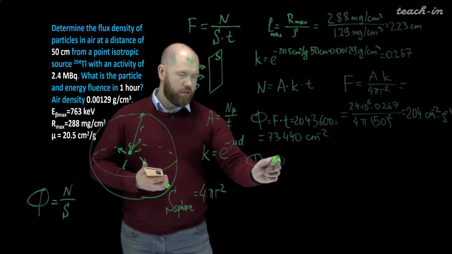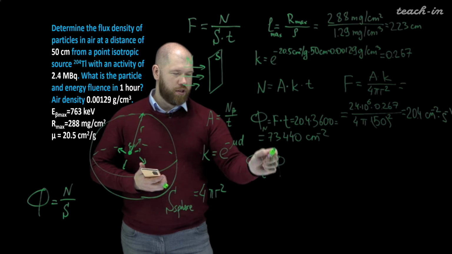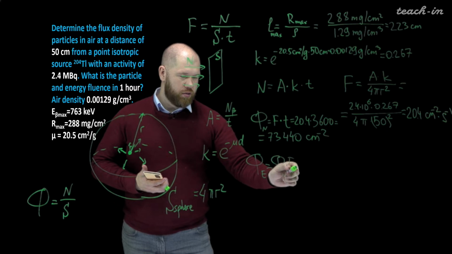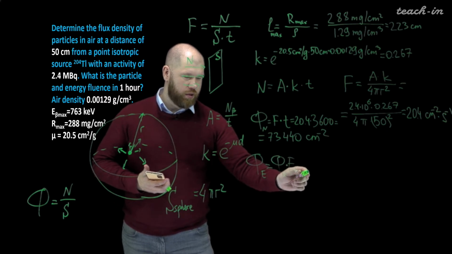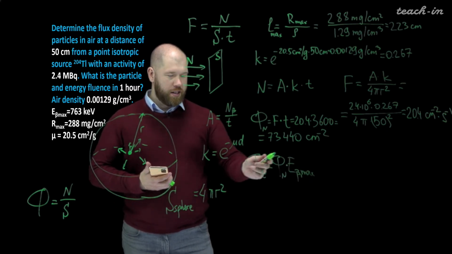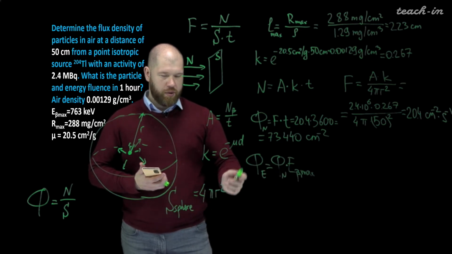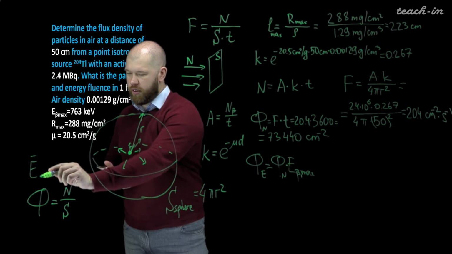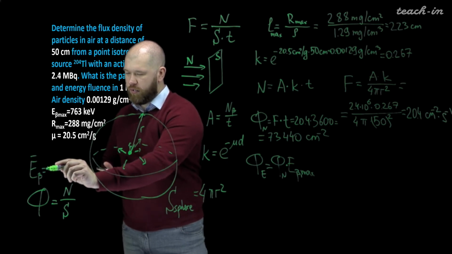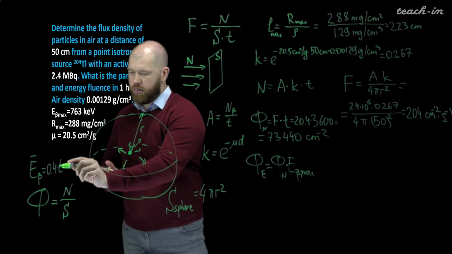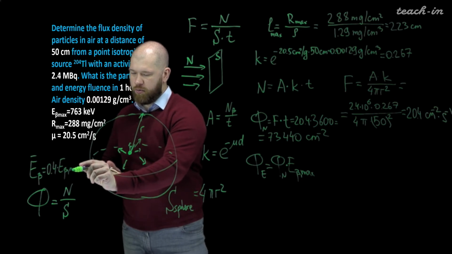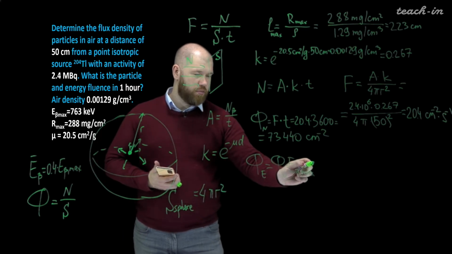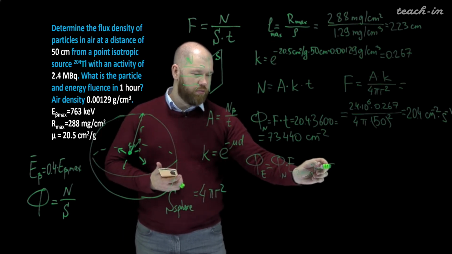So it is our fluence, particles, multiplied by the maximum energy of our beta particles. And we have to remember that the average energy of beta particles is equal to 0.4 of our maximum energy. So we just multiplied it also with 0.4.